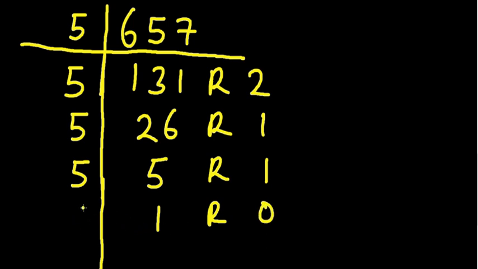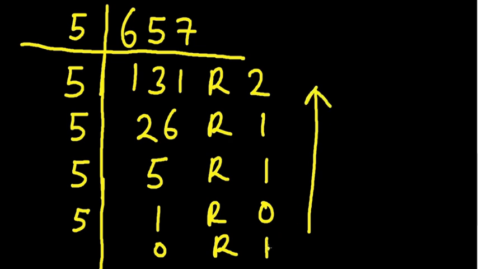So if you divide 1 by 5, you're going to get 0, remainder 1, because 5 cannot go into 1 evenly. So it's going to be 0, then remainder 1. So now let's move in this direction.